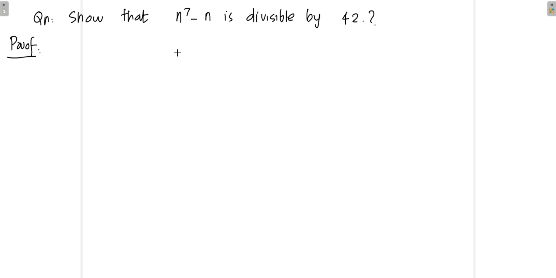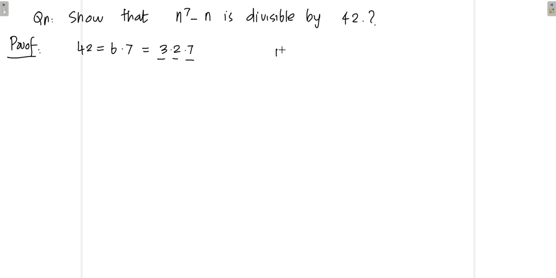പ്രാക്ടിക്കലി നോട്ട് പോസിബിൾ. ബട്ട് 42 is equal to 6 into 7 or 3 into 2 into 7. അപ്പോൾ ഇവിടെ 3 പ്രൈം നമ്പേഴ്സ് കിട്ടി. ഓക്കെ. ഇനി if n raised to 7 minus n is divisible by 7, it is divisible by 2 and it is divisible by 3. ഇത് മൂന്നും കിട്ടിയെന്ന് വെച്ചോളൂ.